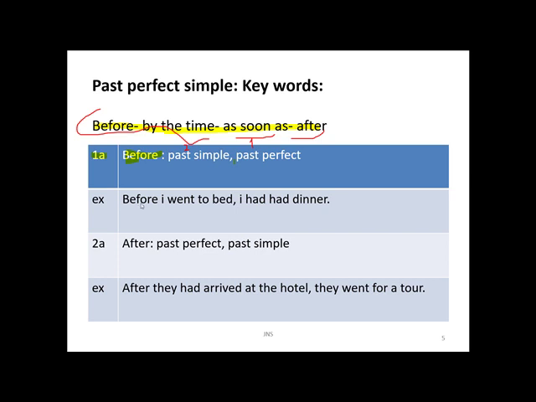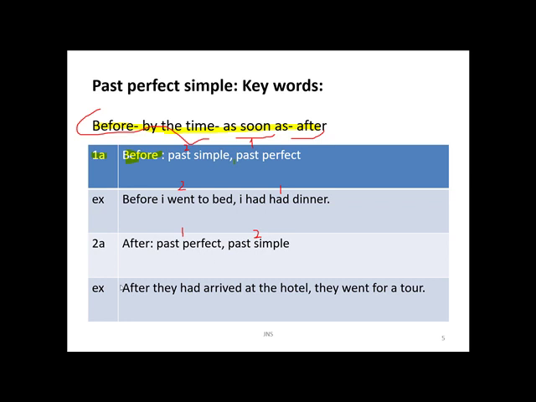For example, before I went to bed, I had dinner. It means I had dinner first and then I went to bed. What about after and as soon as? These are followed by the past perfect first, then a comma, and the past simple. Means that the first action comes first and then the second action.